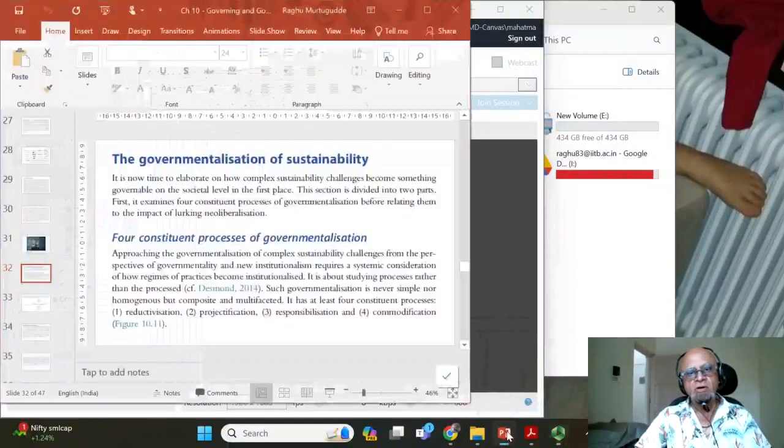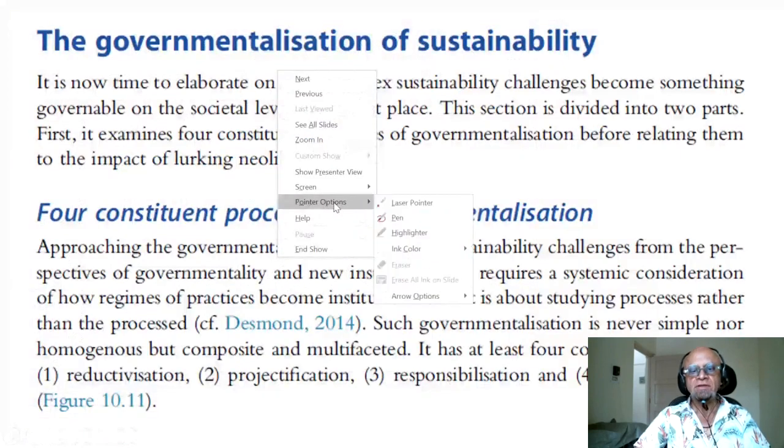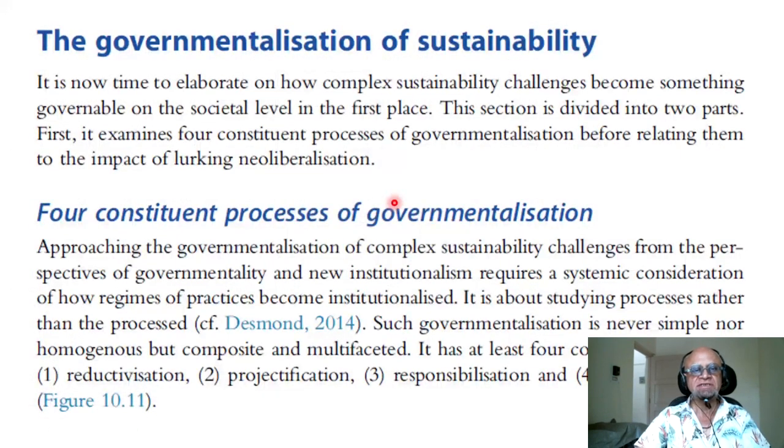Moving right along on this governing and governmentalization, we are now at governmentalization of sustainability. It's now time to elaborate on how complex sustainability challenges become something governable on the societal level in the first place.